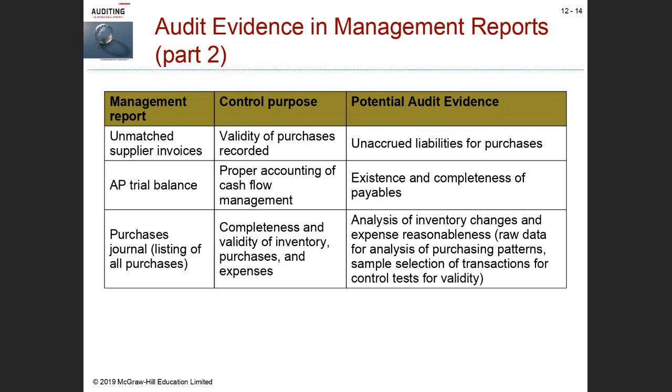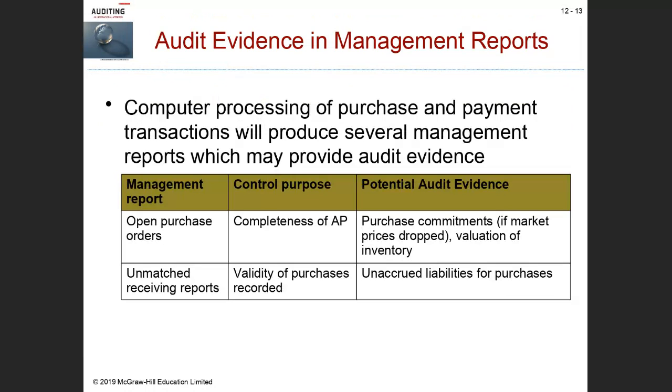And of course, you go and walk through the various remaining management reports here, but the idea is that these reports can be valuable because they give you hints or ideas on what to follow up, right? Especially the first three, open purchase orders, because you're talking about lack of matching, right?